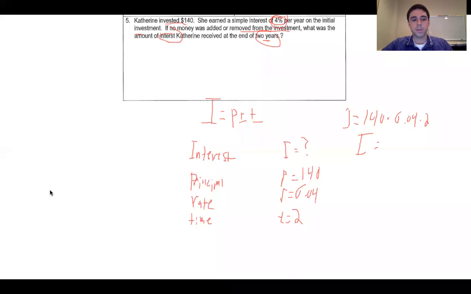Should it be greater than or less than 140? What do we think? Right. It should be less than. You're not going to make more than $140 at a 4% interest rate.